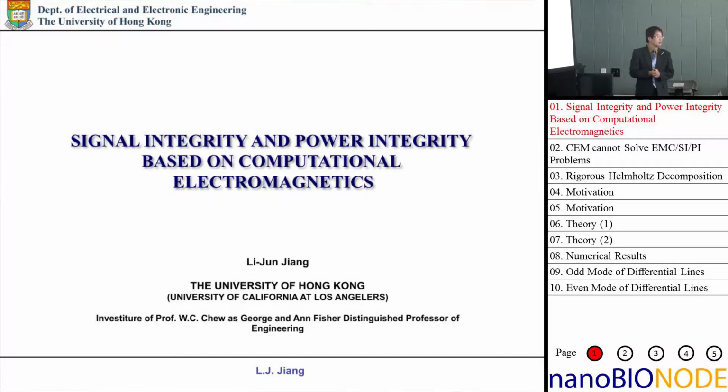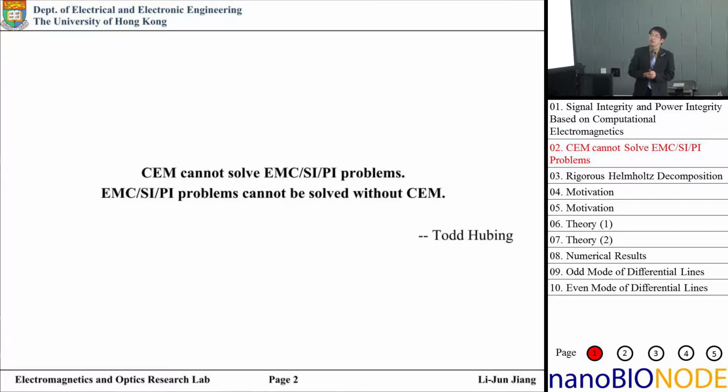I work a lot with the industry, so the topic is on power integrity and signal integrity, which are two categories of technologies in EMC. We are mainly trying to use CEM to solve them, but there is a sentence I want to cite.